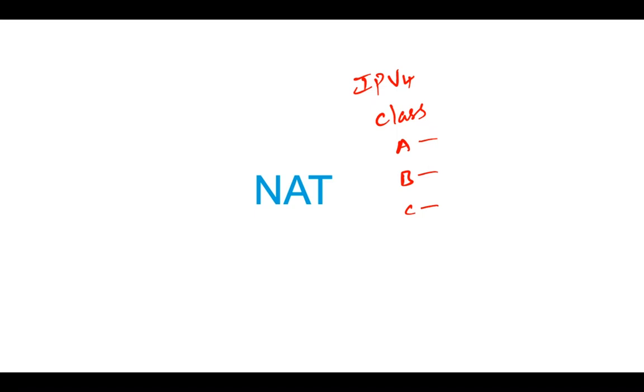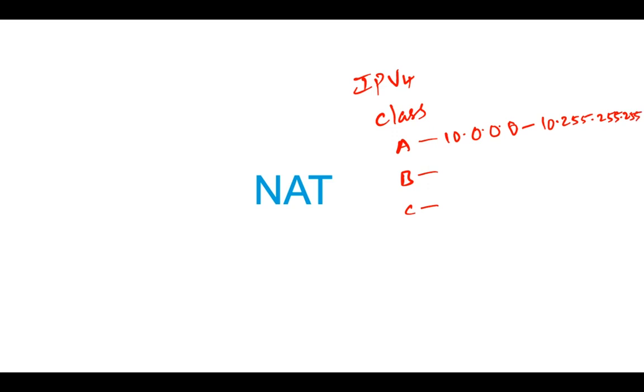Private IP addresses. Yeah. The first one starts with 10 dot 0 dot 0 dot 0, correct? It ends with 10 dot 255 dot 255 dot 255.